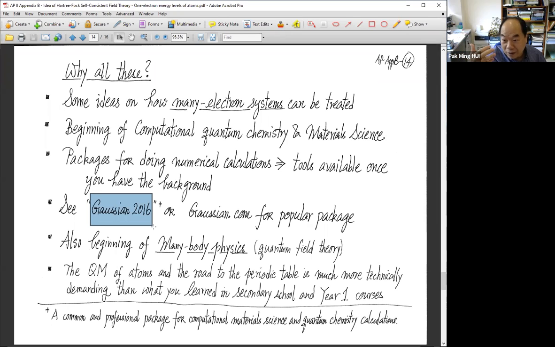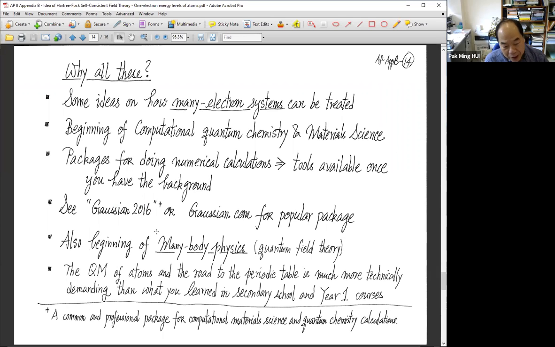Then the menu will give you many choices. Do you want to do it Hartree? Do you want to do it Hartree-Fock? How complicated do you want to model this wave function? But before you use it, it will be good to know what it is doing, okay? So with packages, the concept becomes more important than knowing how to write the program, okay?